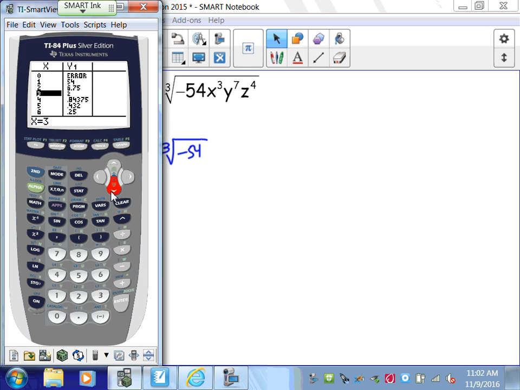The answer is 3 and 2. So what I would do is pull out the, I wonder if you do negative 3. What would you do for negative 54?